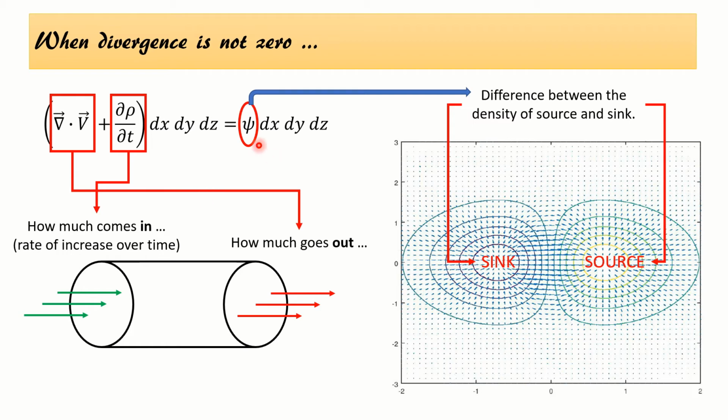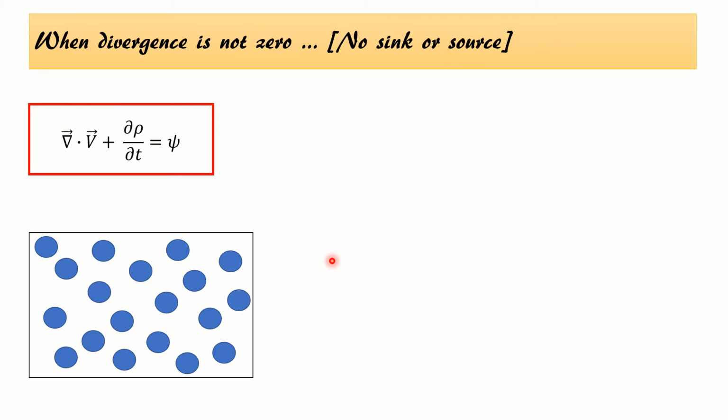So this is kind of an analogy to explain what this equation is all about. So you have a density of the source and the sink. The source and the sink will cause a flow of particles, or any physical quantities, and you have the rate of increase, and then you have how much goes out. So let's take an example of the case where you do not have any sink or source.